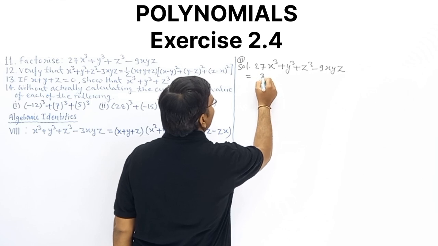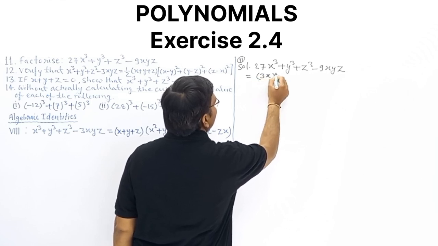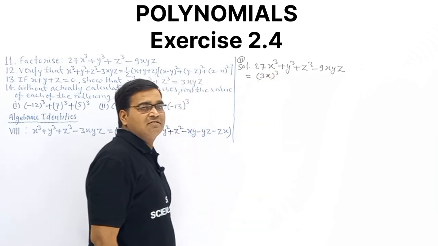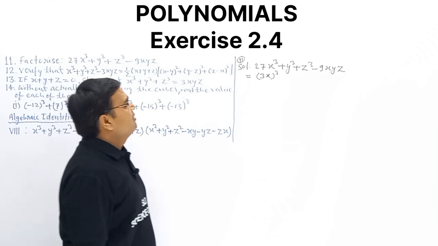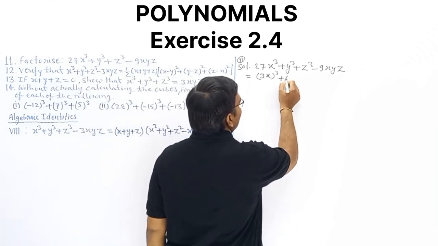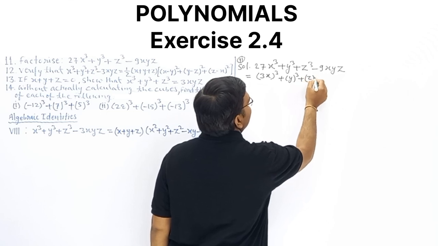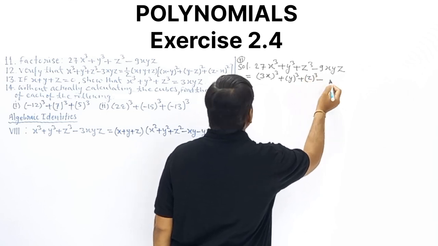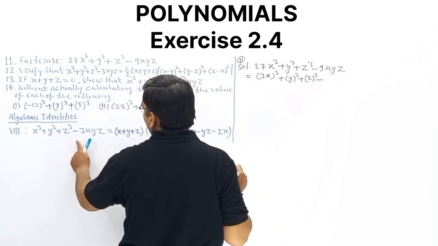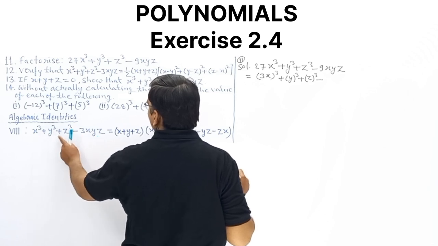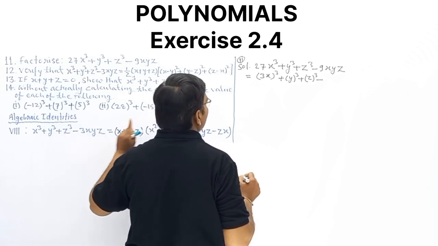27 can be written as (3x) whole power 3, plus y power 3 plus z power 3, minus, in the general form we have x cube plus y cube plus z cube minus 3 times xyz.